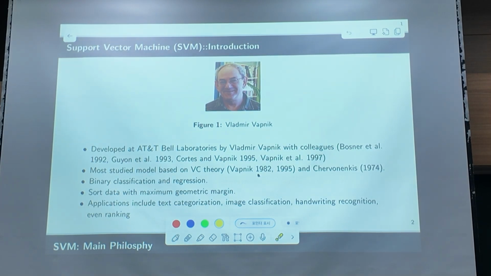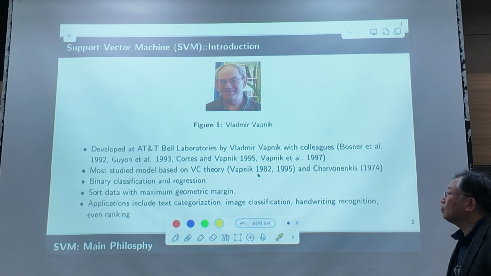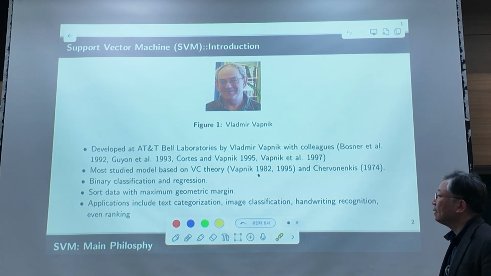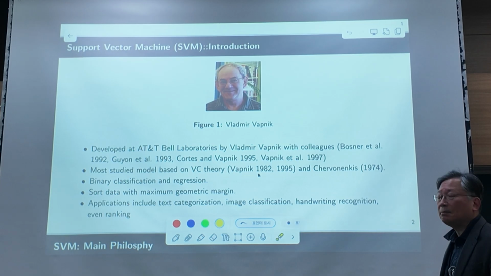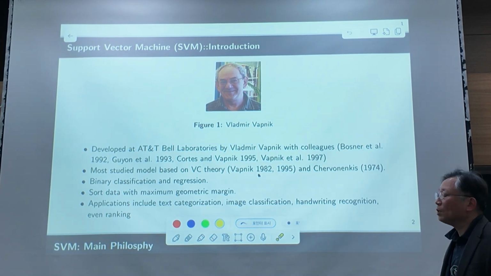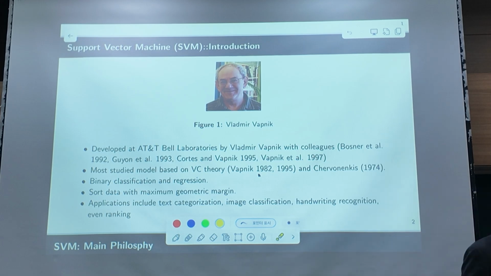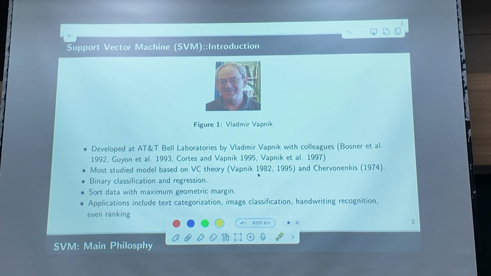As I mentioned, VC dimension was invented by Vapnik, and based on it he came up with the support vector machine. Before deep learning was popular, the support vector machine was the algorithm that worked well on test data.